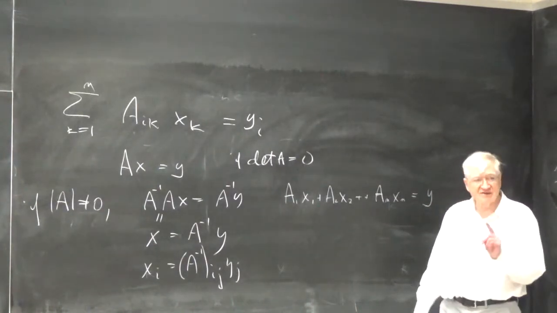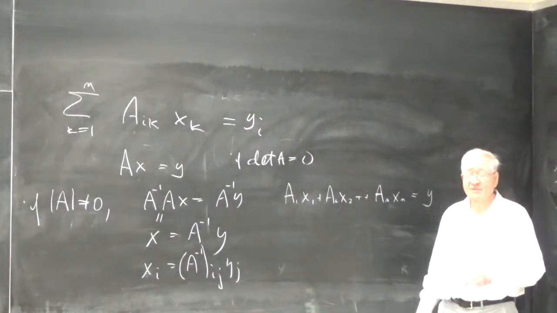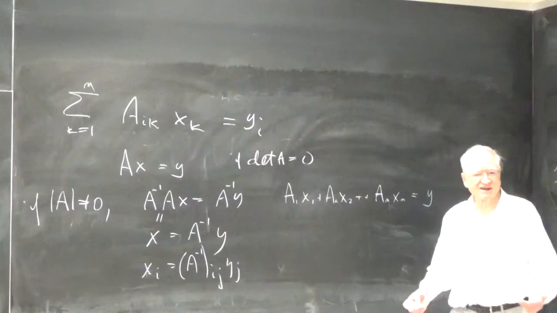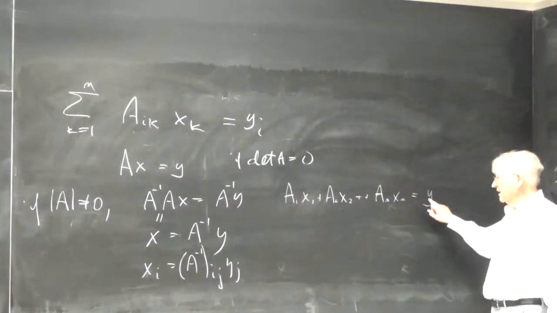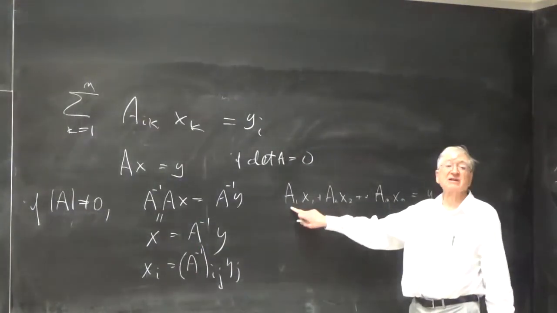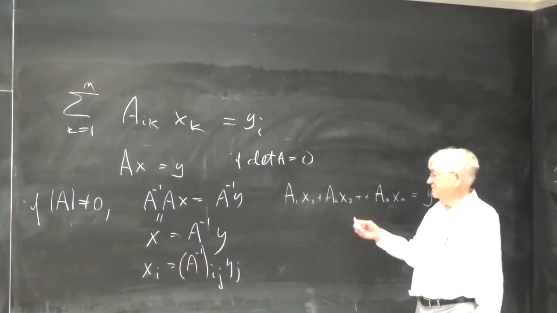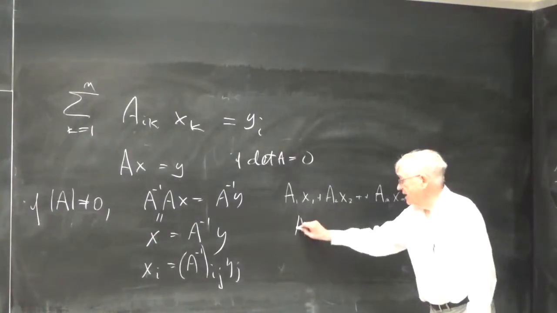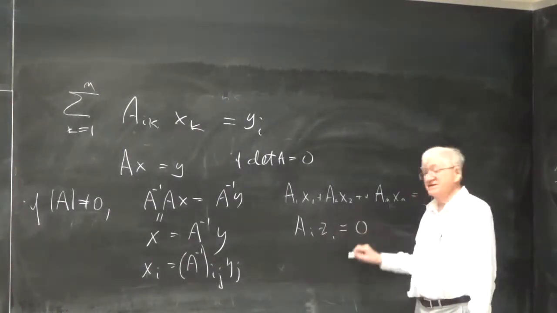Now, if you do have a solution, the problem is the solution is not unique. That may not be a problem, it may be a blessing, depending on what your situation is. If y lies in the subspace, then because these columns are linearly dependent, you can find vectors z such that the sum over i of a_i z_i is 0.